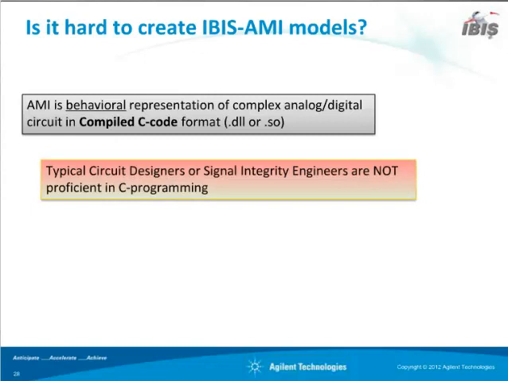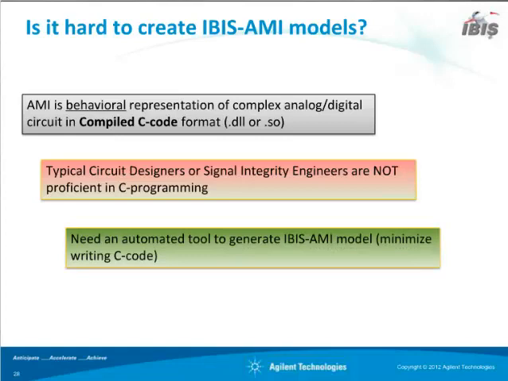Most people who are circuit designers or signal integrity engineers are not proficient in C programming. Sorry if any of you out there are. I'm probably talking to myself at this point, but that's not typically in our core skill set. So ideally, what we need is an automated tool to generate these IBIS AMI models for our customers. If you're in the business of generating a model, it would be really good to have such a tool.